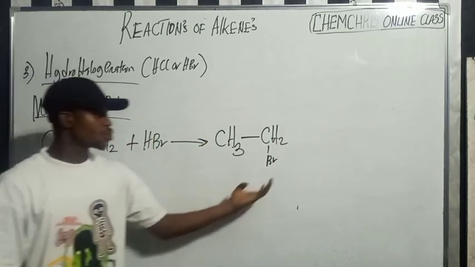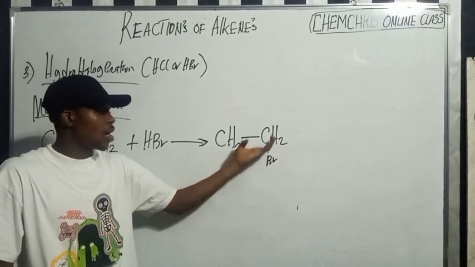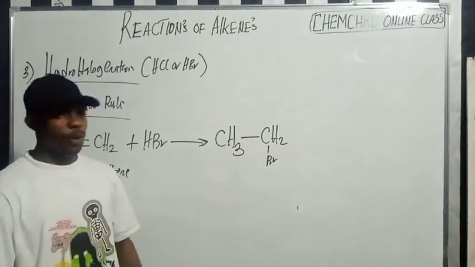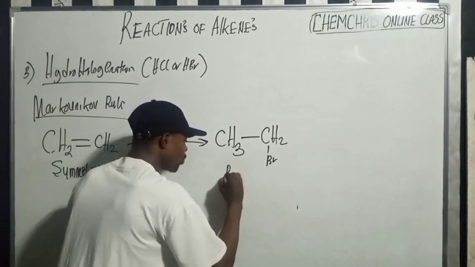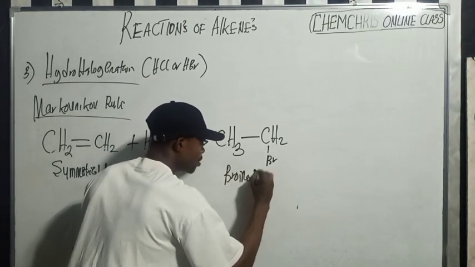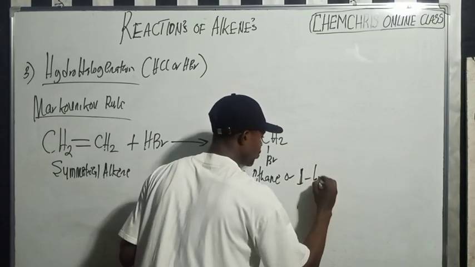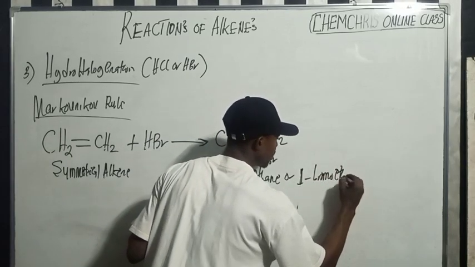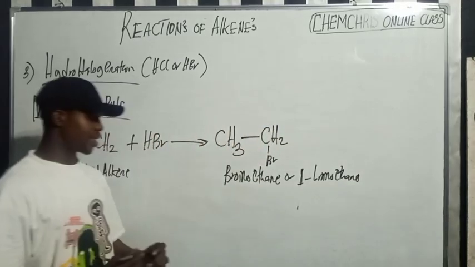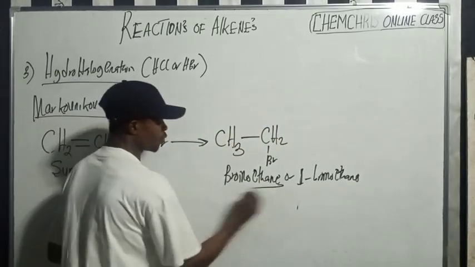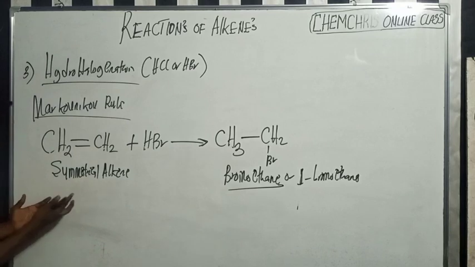Do you see that? So the name of this product here is going to be bromoethane. Or somebody will say 1-bromoethane. Whichever way you want to put it, you understand. But the most accurate one is this one here. So you can see how easy it is.